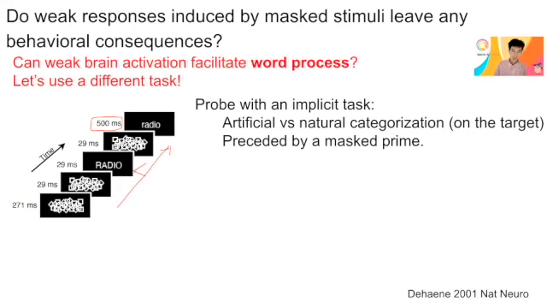And then they had to press a button, whether it was an artificial device, like a radio, or a natural thing, like a dog or something like that. Artificial, natural, as fast as possible, and with the highest accuracy.